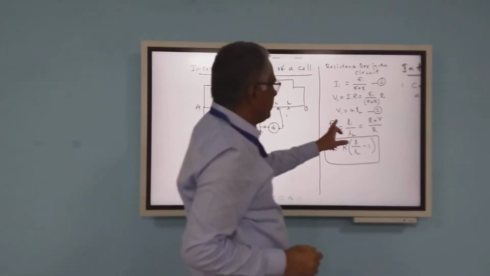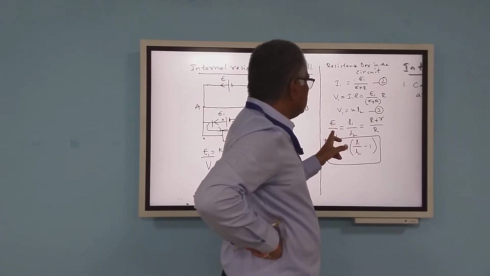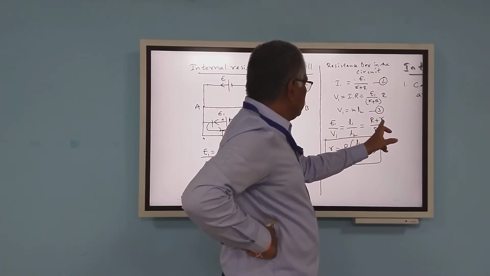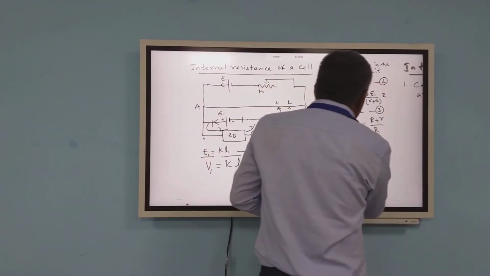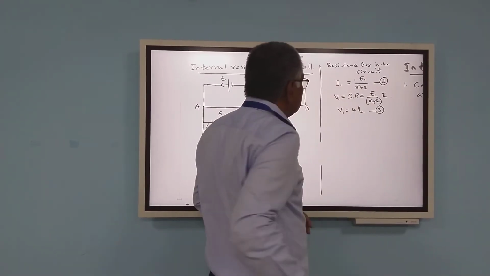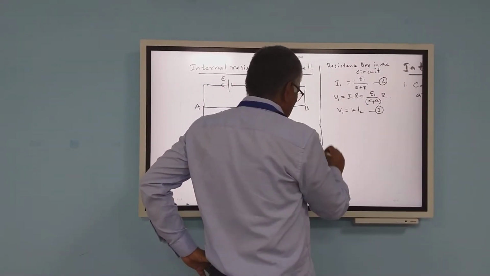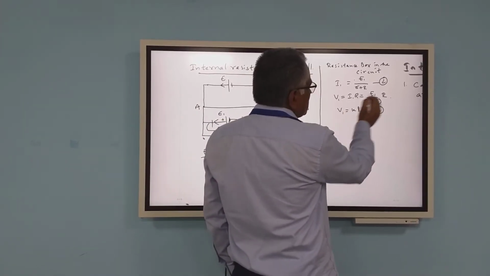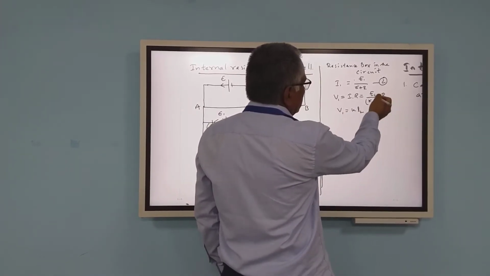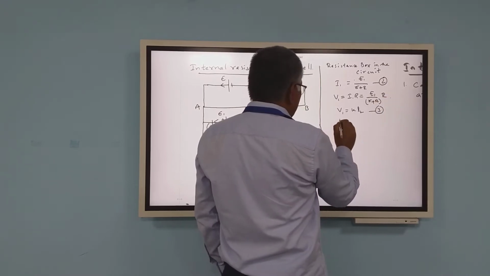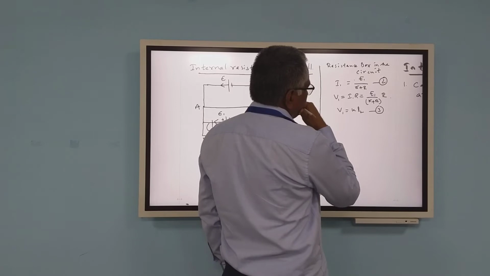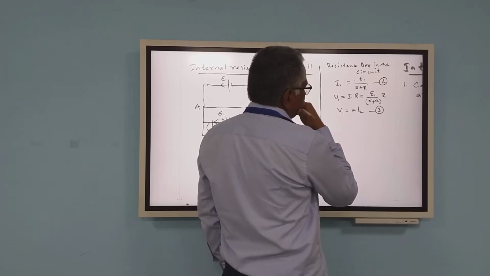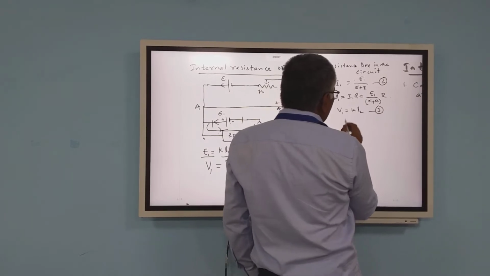Substituting for E1, E1 by (r plus R) into R. V1 is equal to... E1 is equal to K L1, E2 is equal to K L2.